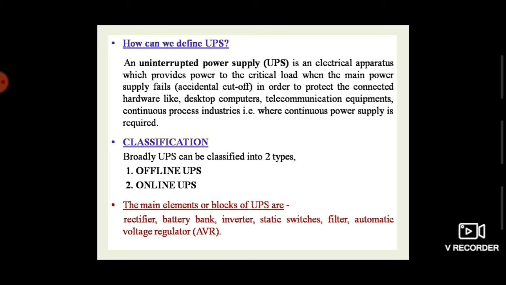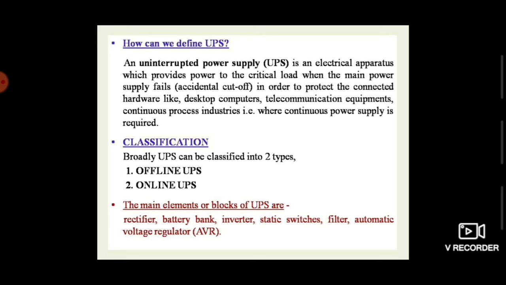Now these loads are called critical loads. It is because such loads cannot be turned off suddenly or stopped even for a small period of time. Whatever happens, the loads are to be kept on.